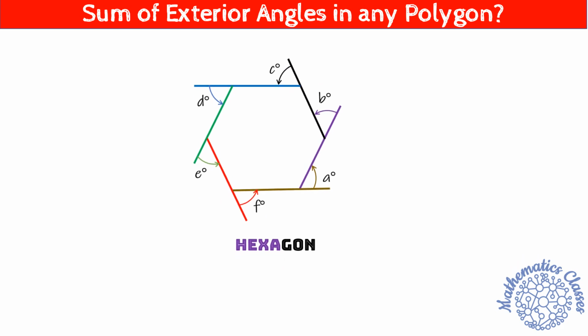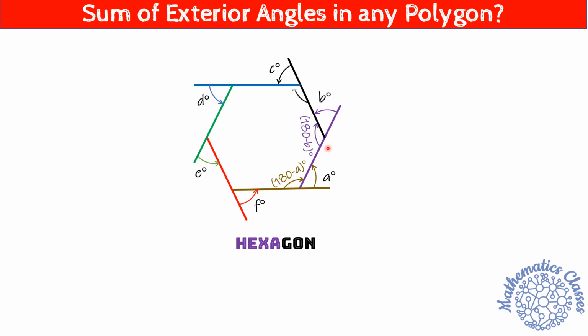If we see this exterior angle A, then its adjacent angle is the interior angle, and these two angles are a linear pair on this extended line. So their sum would be 180 degrees. If we subtract angle A from 180 degrees, then we get this interior angle as 180 minus A degrees.